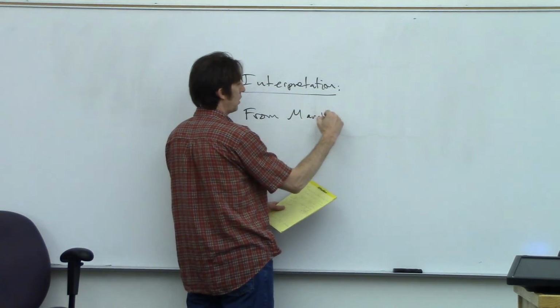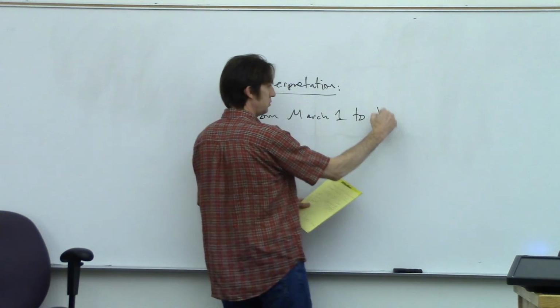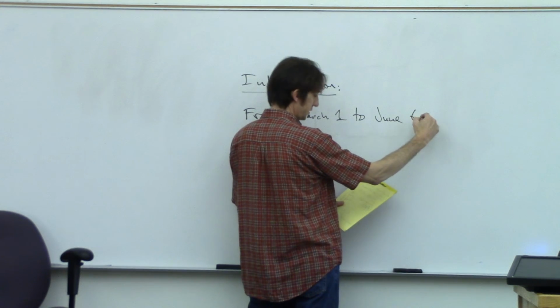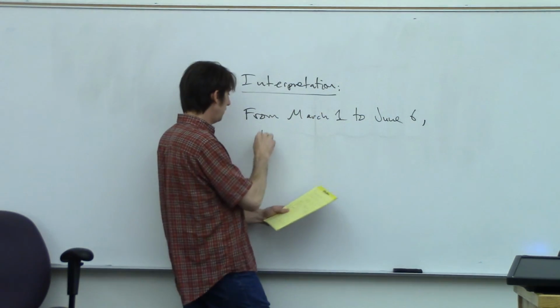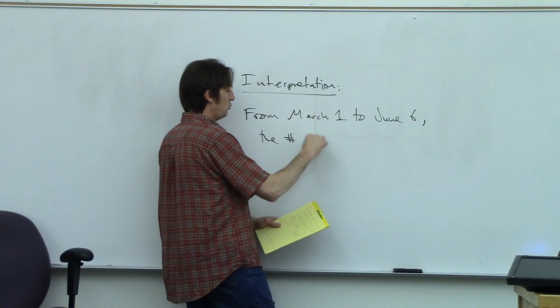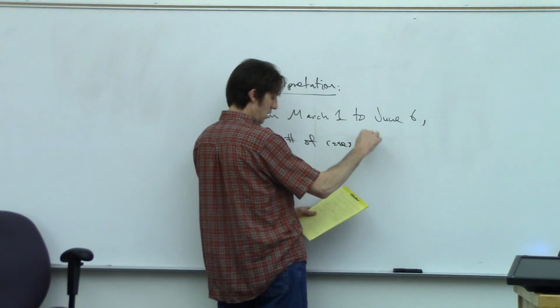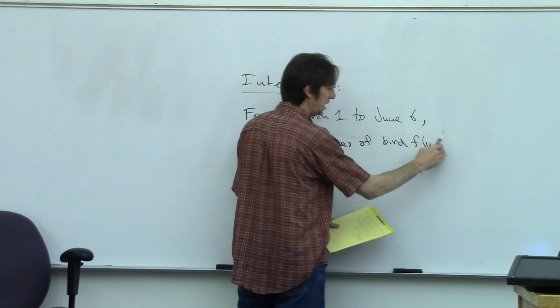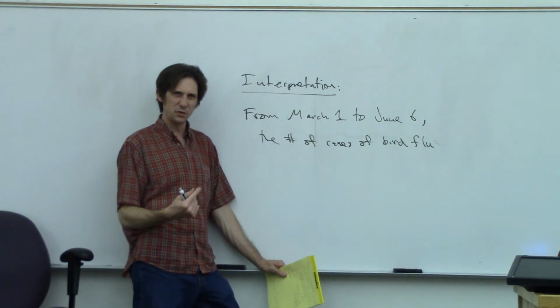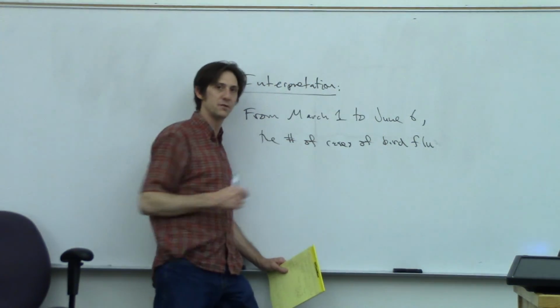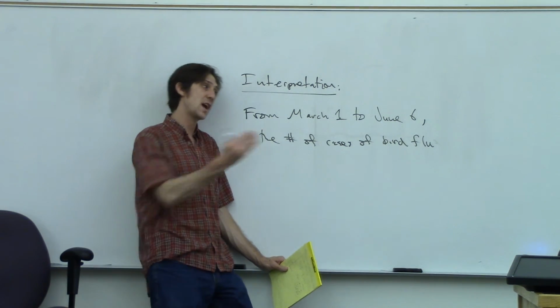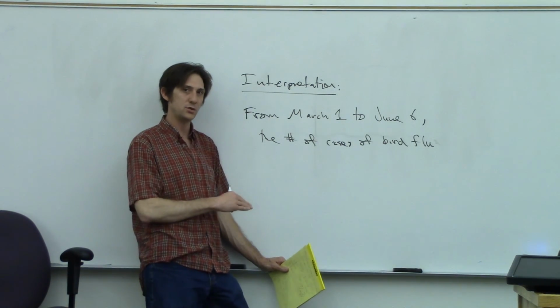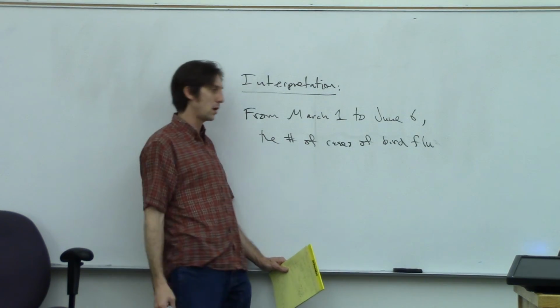From March 1st to June 6th, the number of cases of bird flu increased. I can tell that it increased because I got a positive rate of change. If I had gotten a negative rate of change, that would correspond to a decrease in the output variable.